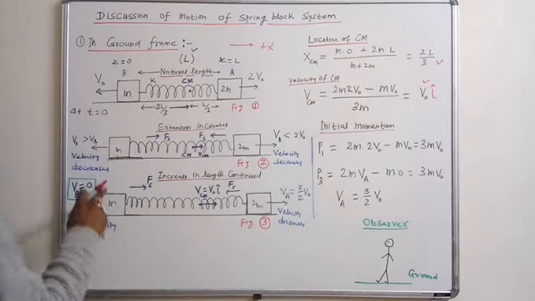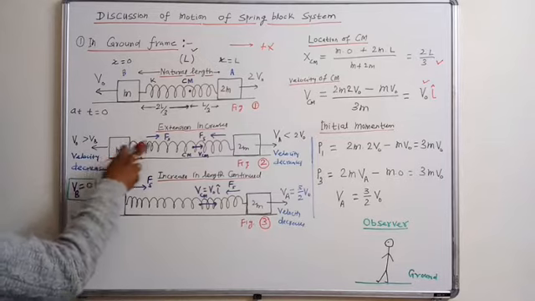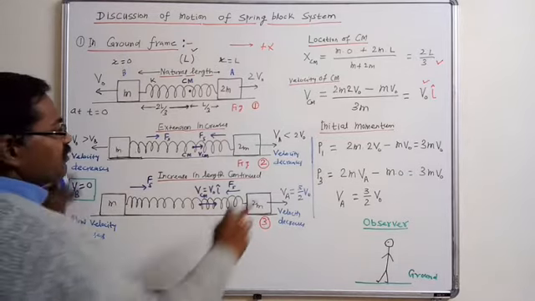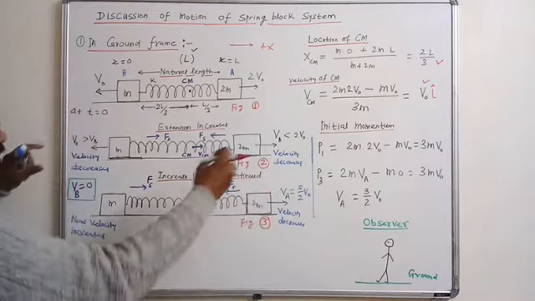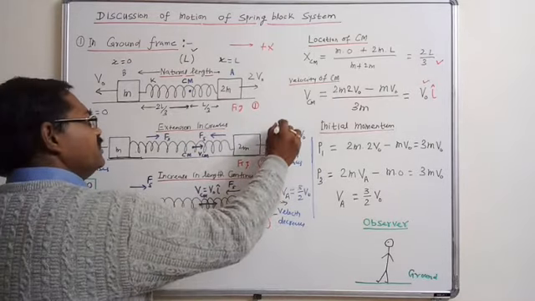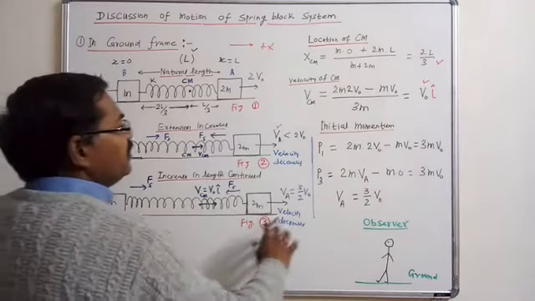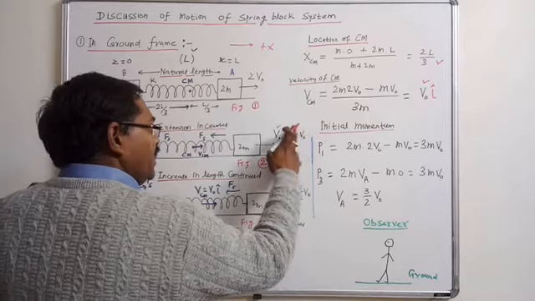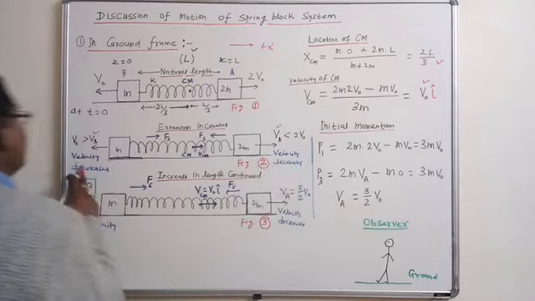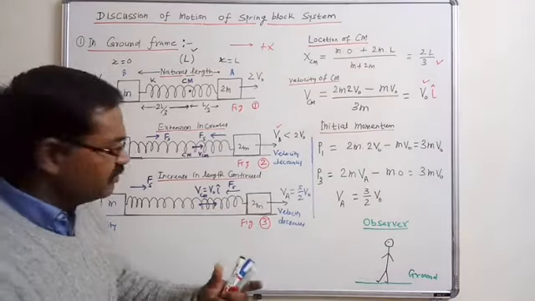In the same way, velocity of this block also decreases because this force is opposing the motion. Means after this event velocity decreases. So say velocity is VA and VB at any location, at any extension, then this velocity will be lesser than this 2v naught, and this velocity will be lesser than v naught. Means velocities are decreasing, this we can say.